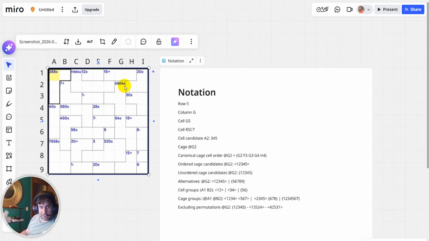In our case, it's multiplication. We denote the cage as at G2, meaning that it's a cage at G2. We will always refer to the left top corner of the cage when we talk about it.